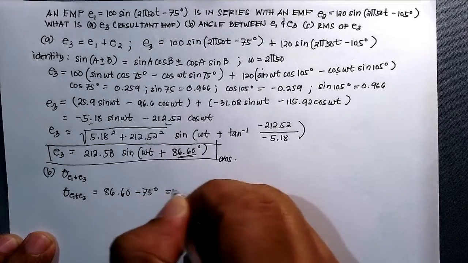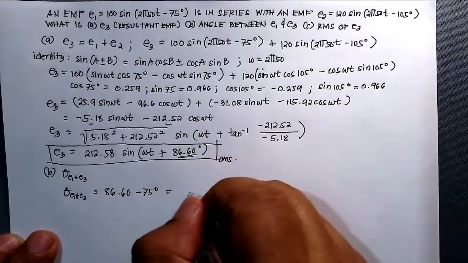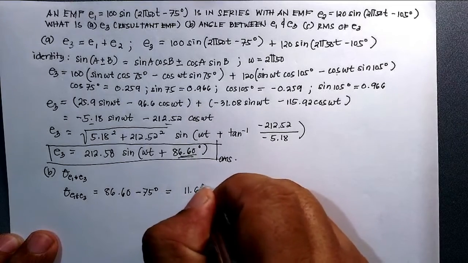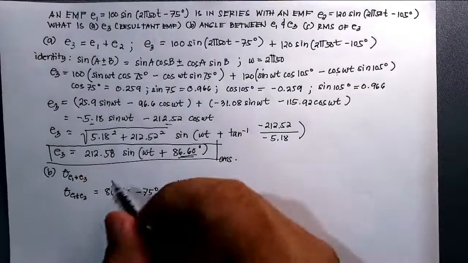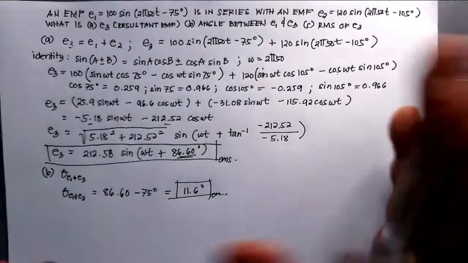So what will be the result? This is 11.6 degrees. This will be the angle between E sub 1 and E sub 3. You just simply add the angles.